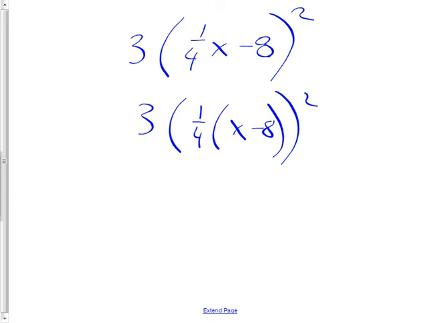They are different. Why is the one different than the other? Because of the parentheses. Some might argue, but that's the same exact thing. No, it's not. If you actually multiply this out, that'll be 1/4 x, and this will be 1/4 of the negative 8. So that will be different. All right, so they are different, and they have to be done in different orders.